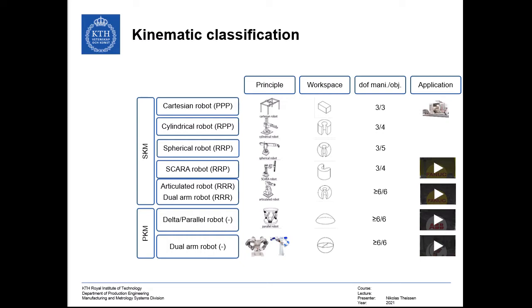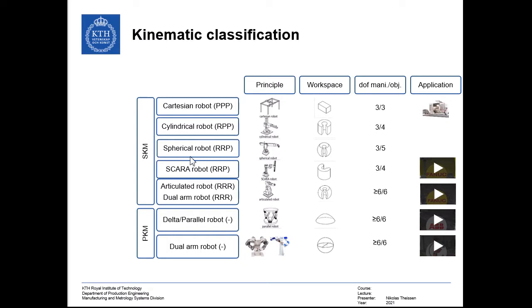Because now you can put it into all the positions within the workspace, but you can also change its orientation within the workspace, as its orientation will shift accordingly with the rotation about the z-axis of the cylindrical robot.